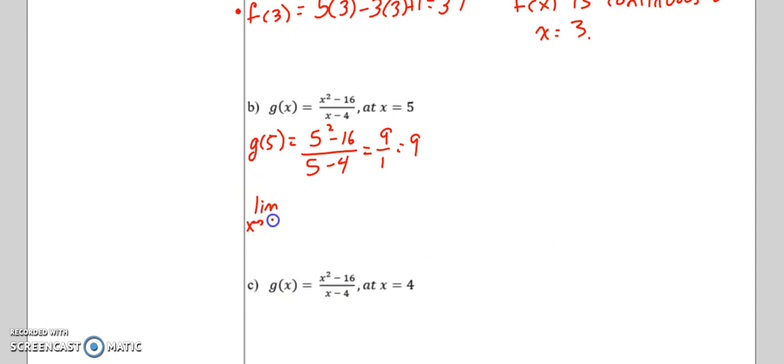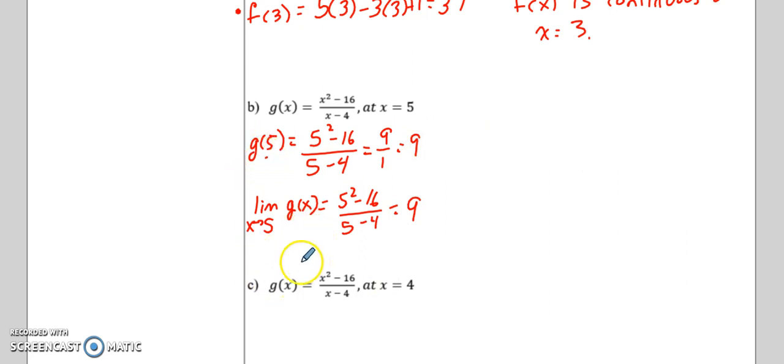As x approaches 5 of g of x. Now you could, by the way, write x squared minus 16 all over x minus 4 right there. Or we could just go ahead and use direct substitution. We end up with, oh look, 9 again.